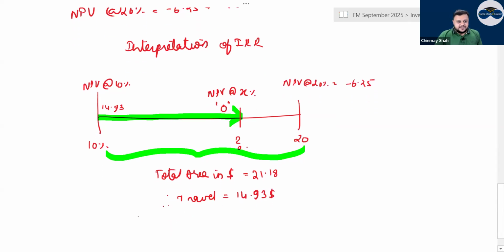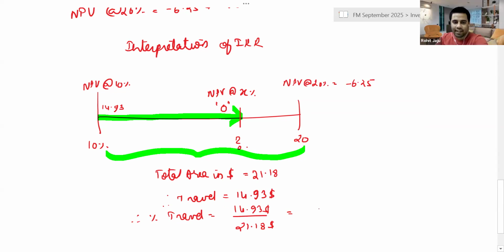If I ask you in percentage terms, how much do you have to travel? Sir, $14.93 out of the full $21.18. So how many percent do I have to travel? Calculate. Pranav, what do you say? How much do I have to travel?